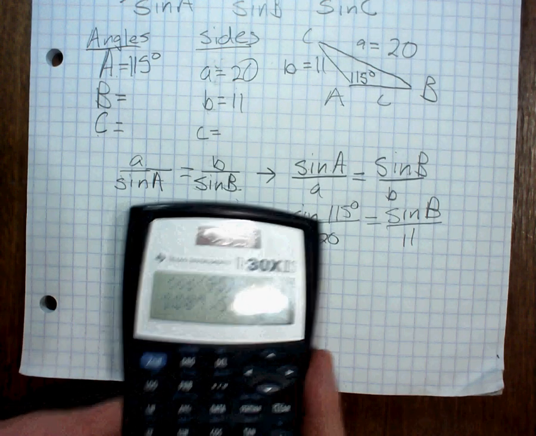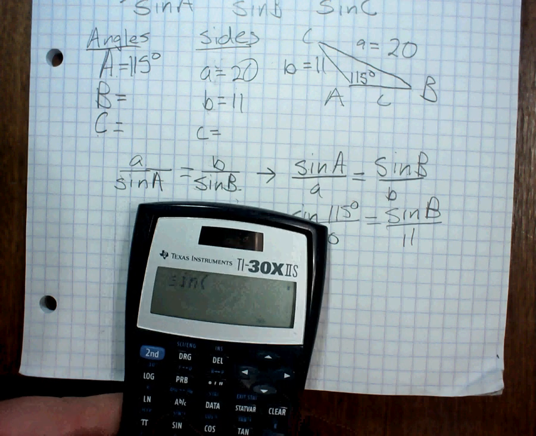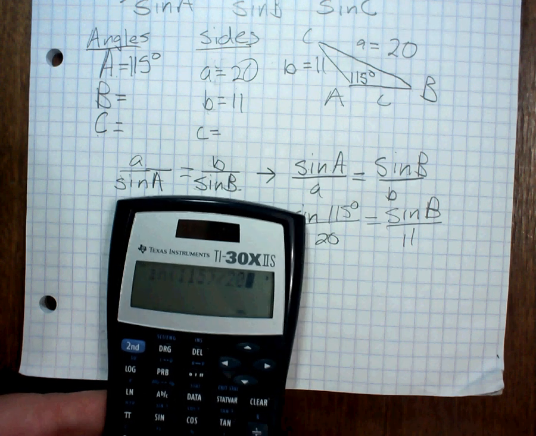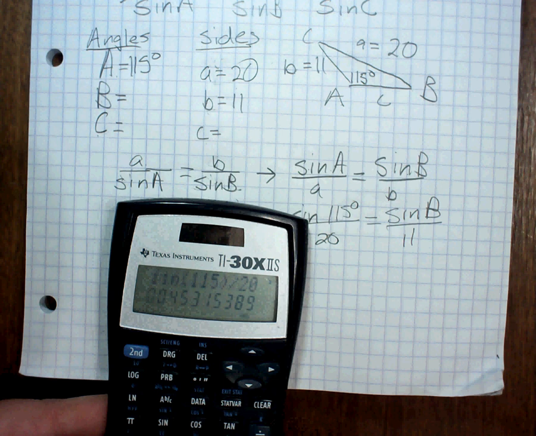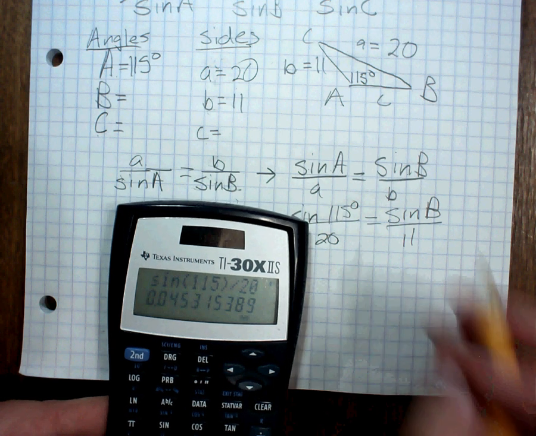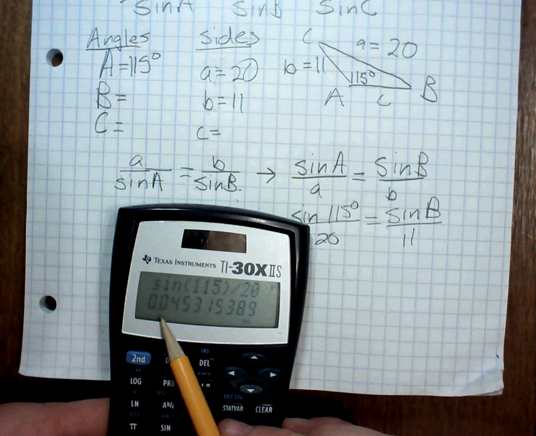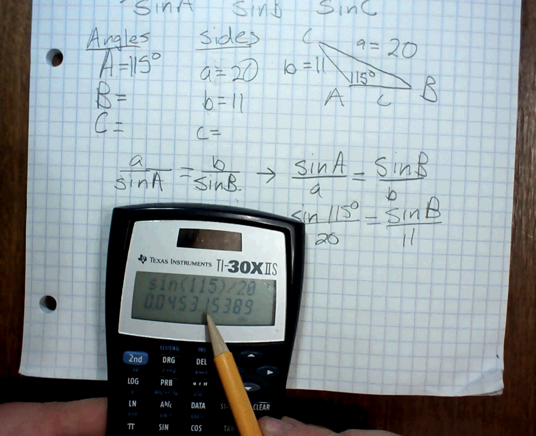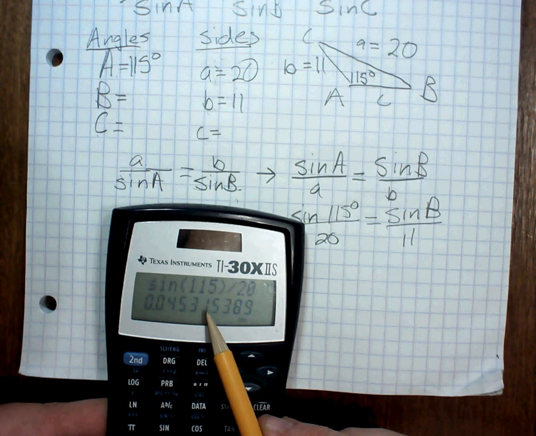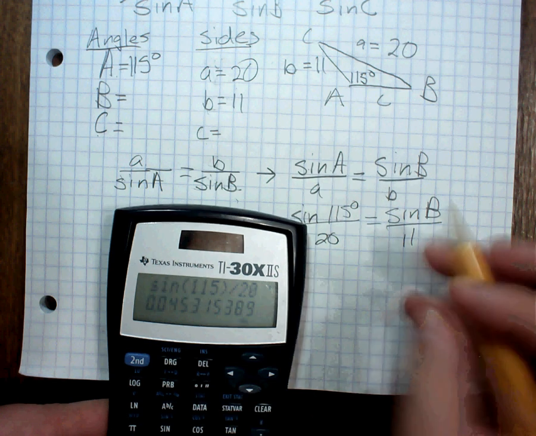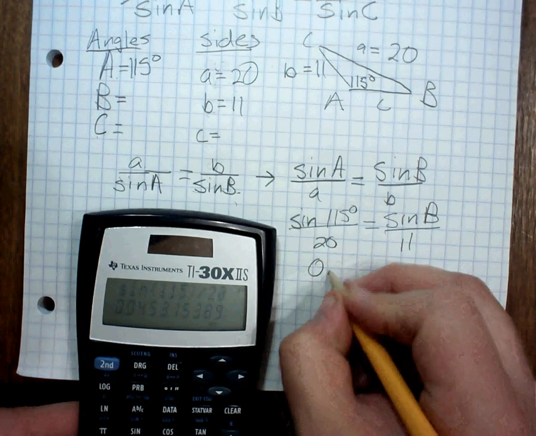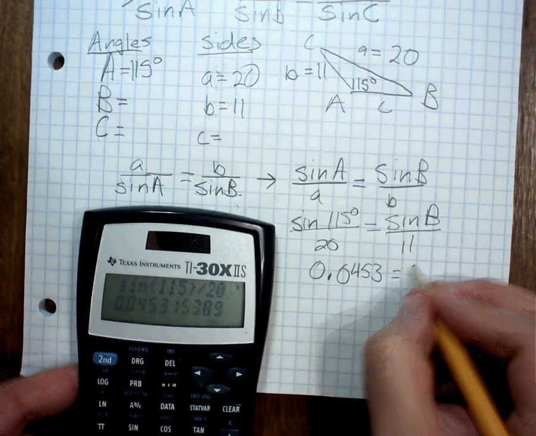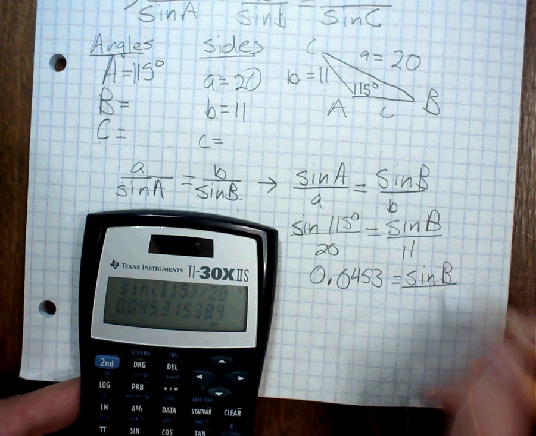I take my calculator out and say sine of 115 divided by 20. I'm rounding to the fourth decimal place, so I've got 0, 1, 2, 3, 4. That's a 1, so I'm just going to round down to 0.0453 is equal to sine of B all over 11.